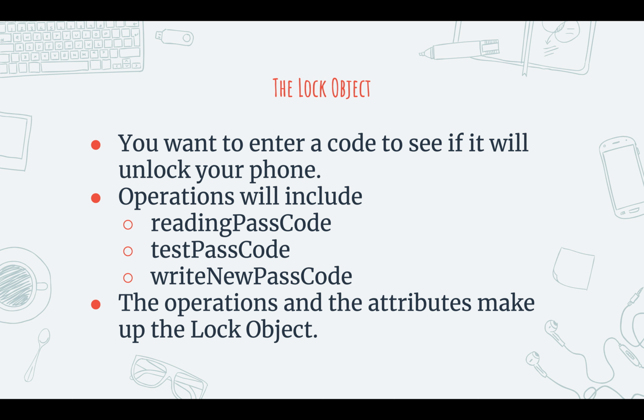And then let's say we want a new passcode: after reading and testing our old passcode to see that we are the actual person that owns this lock, then we can write our own passcode through these operations. So the operations, such as read passcode, test passcode, and write new passcode, allow us to change an attribute, such as the actual password in the lock object, which all comes together to make the lock object.